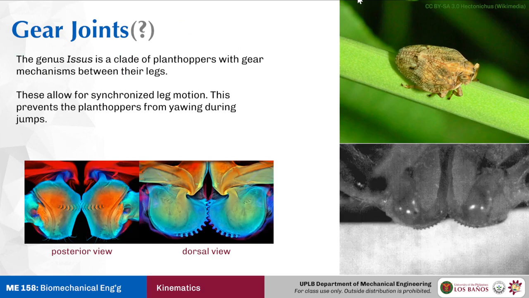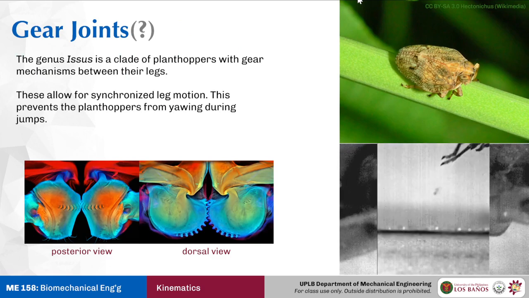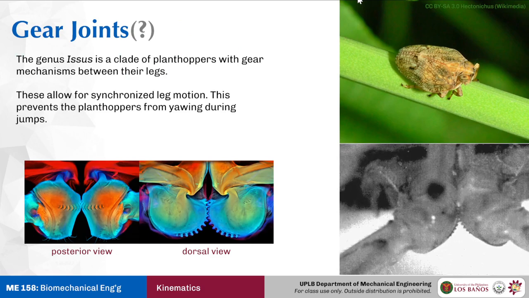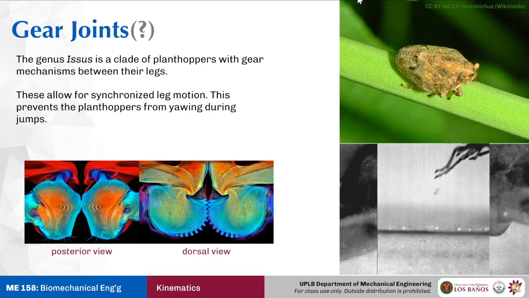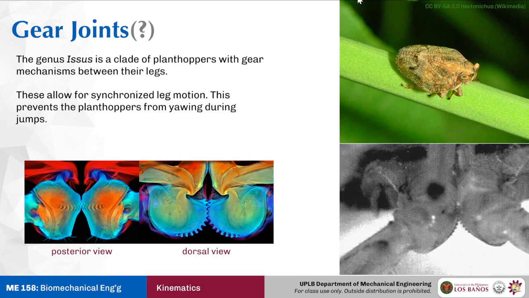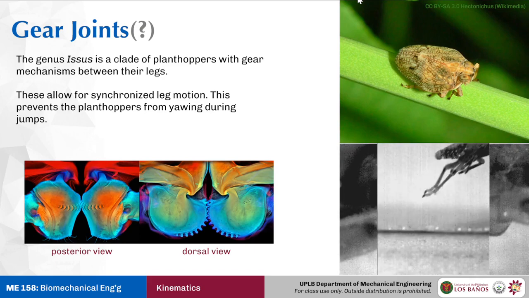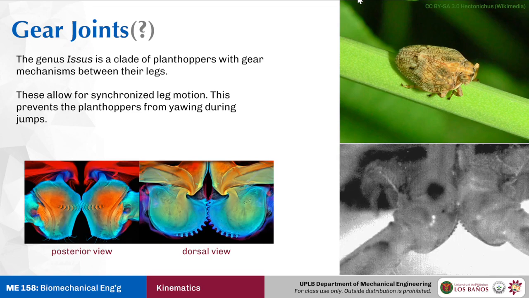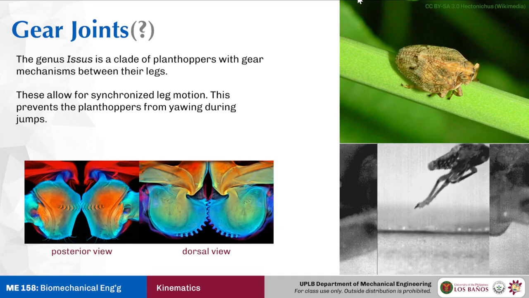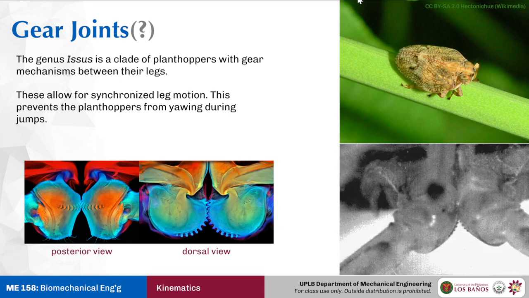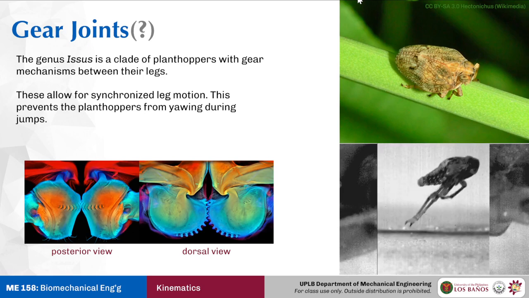There is this funny phenomenon of a specific genus of plant hopper that has gears between their hip joints. The genus Issus, it's a plant hopper. This was introduced to me by our machine elements professor before. When these insects jump, they want to make sure that they don't twist in the air.